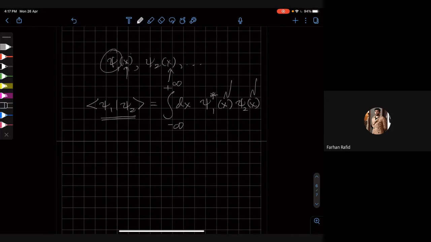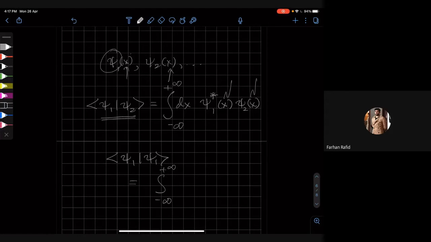Now what we can do is ask, what is the norm of a vector? The norm squared is the inner product of the vector with itself. So this is going to be the integral from minus infinity to plus infinity.